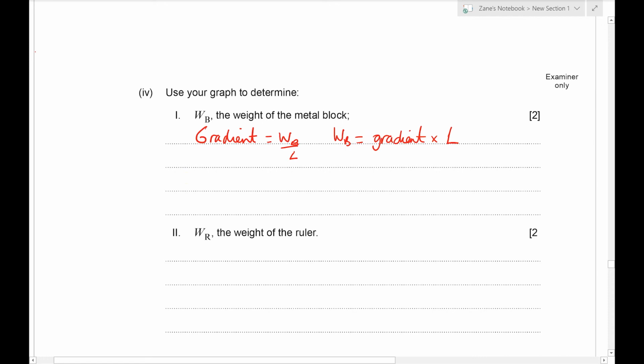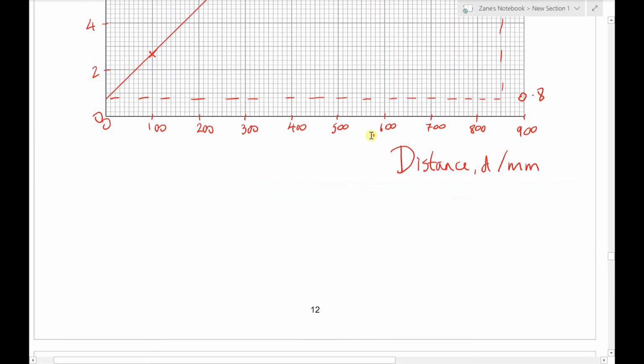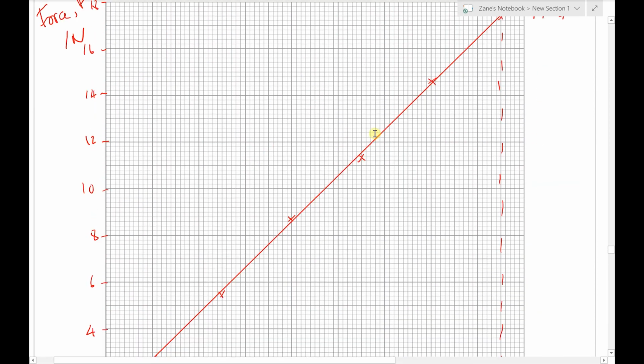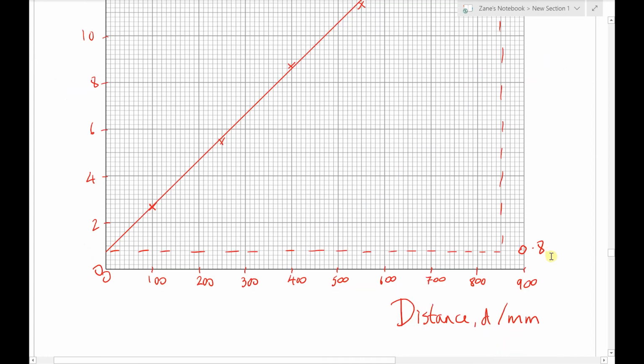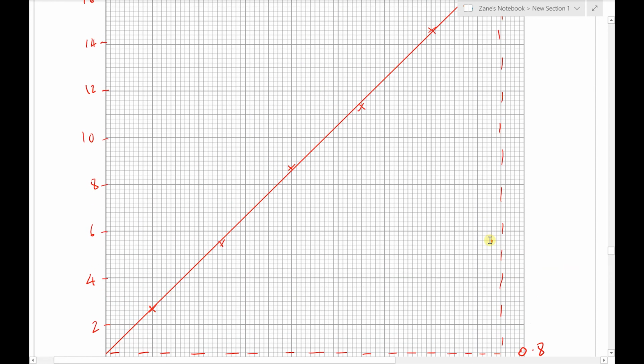So the gradient I've added to the diagram. I've chosen to use as large a triangle as possible. 17.4 for 0.8. It will be our change in Y, and our change in X here is going to be 850 millimeters.